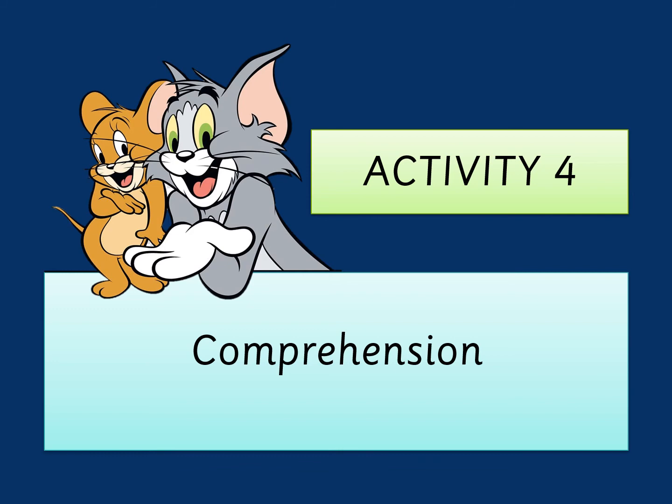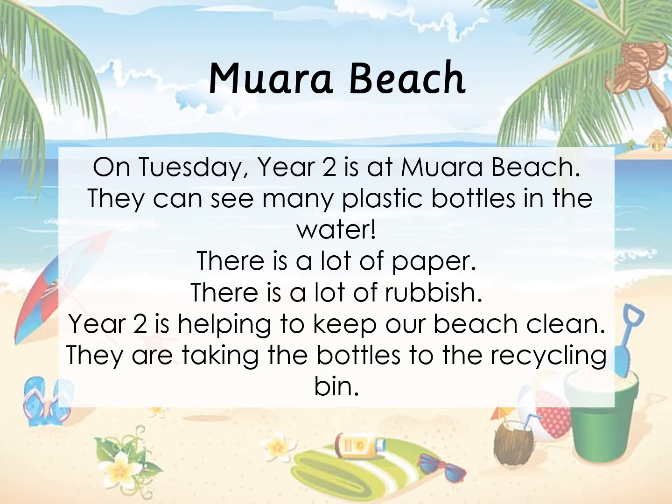For activity 4, there will be another comprehension exercise. This is our second passage. The title of the passage is Muara Beach. You may read along with me. Muara Beach. On Tuesday, Year 2 is at Muara Beach.